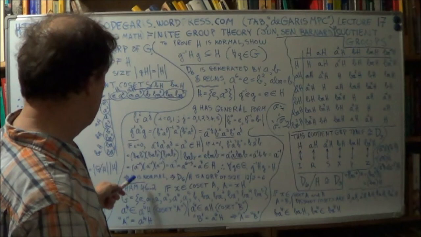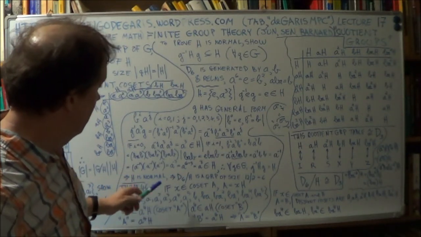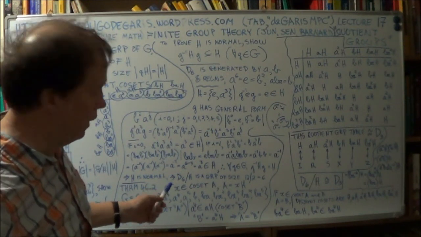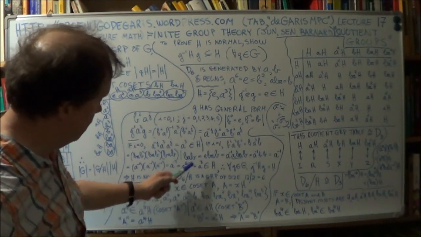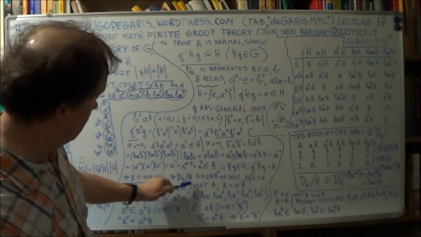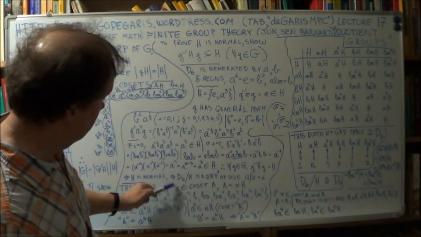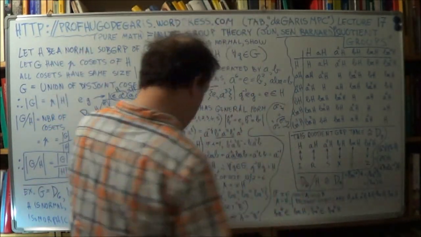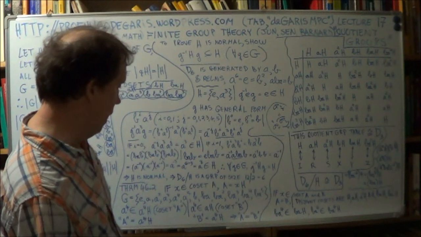So therefore H is normal, and therefore we can find a factor group, D6 divided by H, D6 slash H here. And that will be a group of what size? Well, now we can use this theory, right? What size will this factor group be?